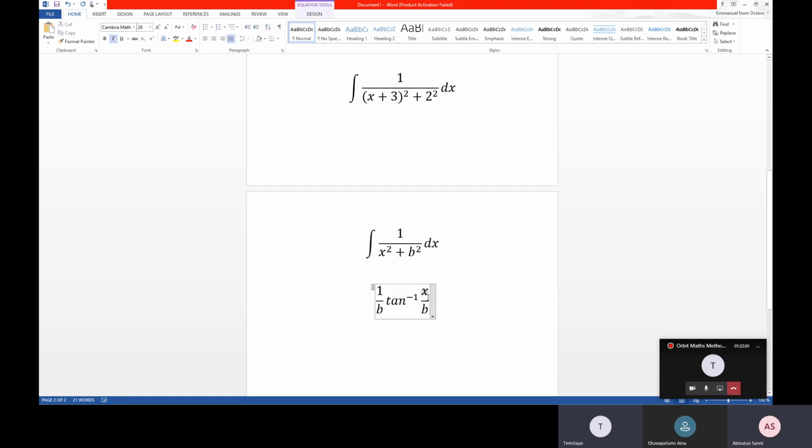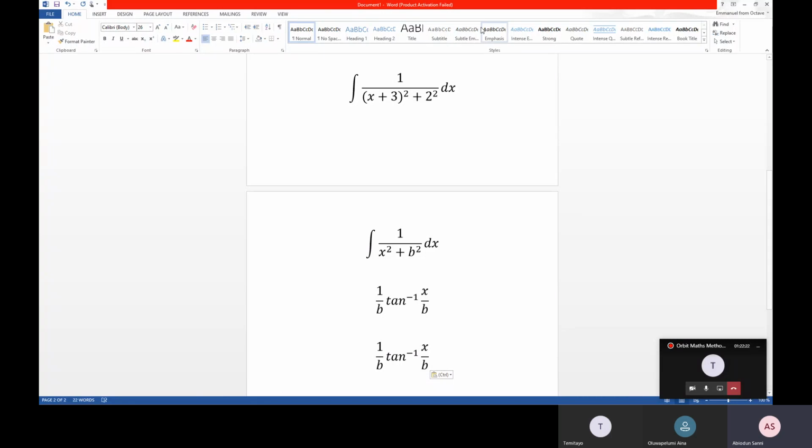So for your answer in this case, instead of x here, I'll put x plus 3, all over 2. My b will now be 2 in this case. Then add your constant of integration, which is plus c.